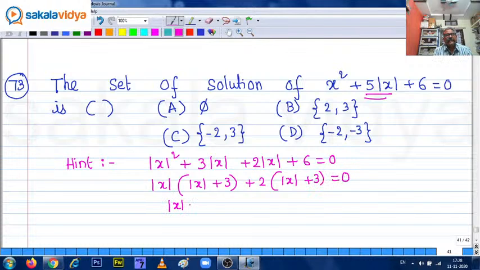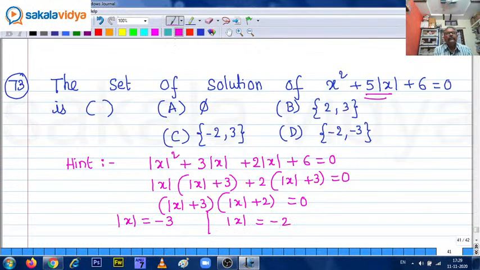Now mod x plus 3 is common, we have mod x plus 2 equals to 0. So we have mod x plus 3 equals to 0, mod x is equal to minus 3, and mod x is equal to minus 2.